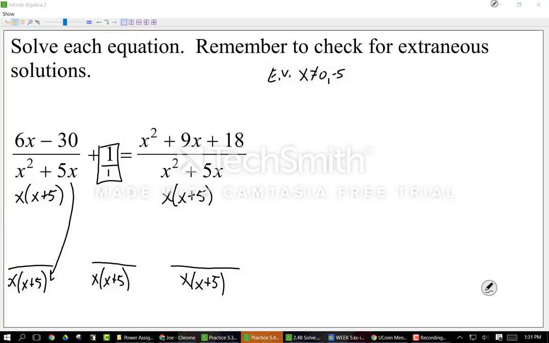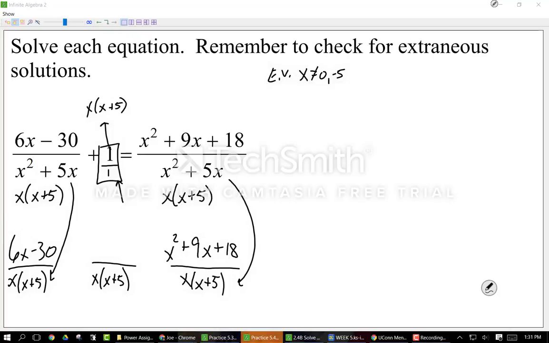This was the same, so that means 6x minus 30 stays. This was the same, so that means x squared plus 9x plus 18 stays. This denominator changed. What did I change by? It changed by an x times an x plus 5. But the 1 times all of that is just x squared plus 5x, because 1 times it just gives me what I get.